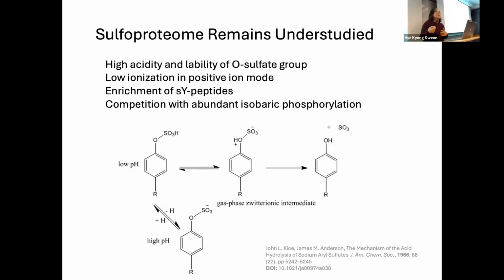because all proteomic workflows based on LC-MS are developed on positive ion mode electrospray LC-MS, and in positive ion mode they don't charge well. That means their ionization efficiency is poor and detection sensitivity is low.